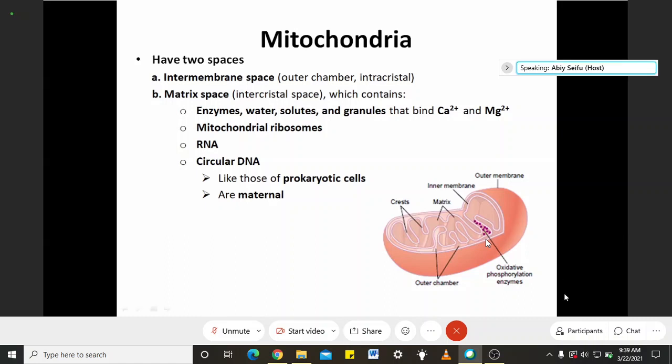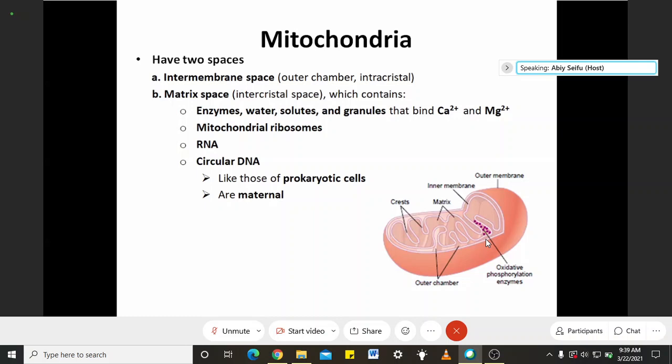It is circular, not linear. The nuclear DNA is thread-like and linear, whereas the DNA of the mitochondria, like that found in prokaryotic cells, is circular. And it produces RNA for transcription of a small amount of proteins.